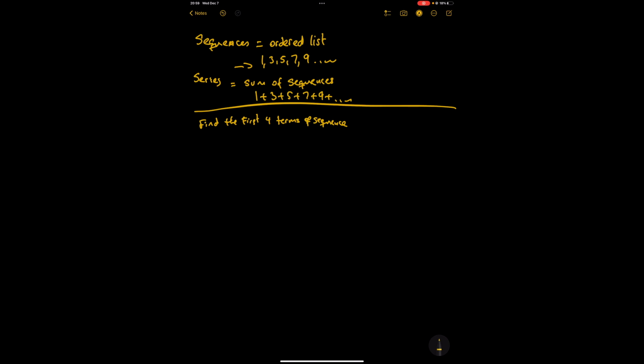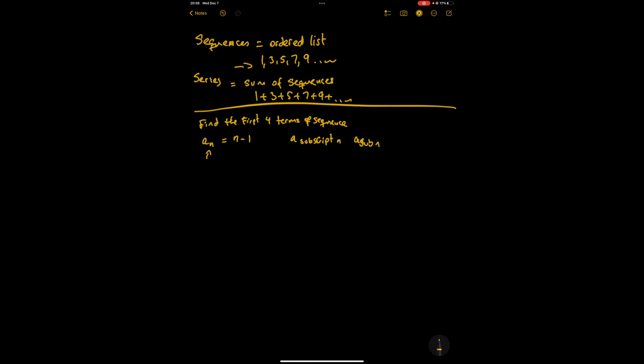And let's say you have something like this: a sub n equals n minus 1. This right here is written as a subscript n, but usually when we are speaking, we just say a sub n.